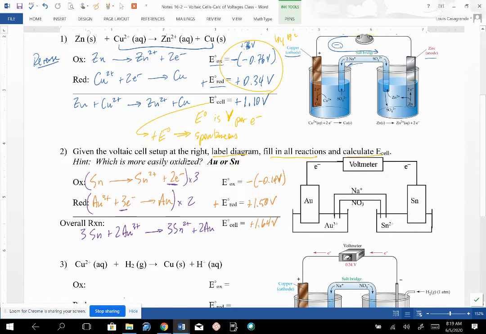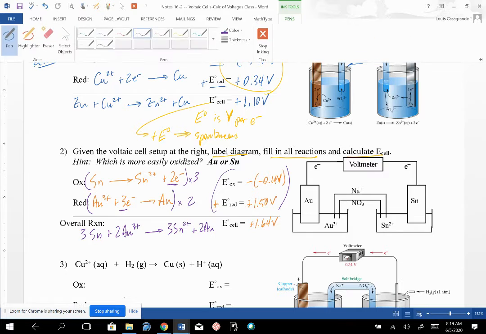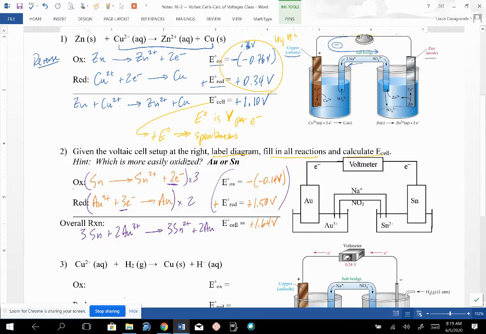And again, notice that we don't multiply the reduction or oxidation potential by the number of electrons. It just adds up. Now let's go to our diagram, and let's start labeling it. So the oxidation was the tin 2 plus.